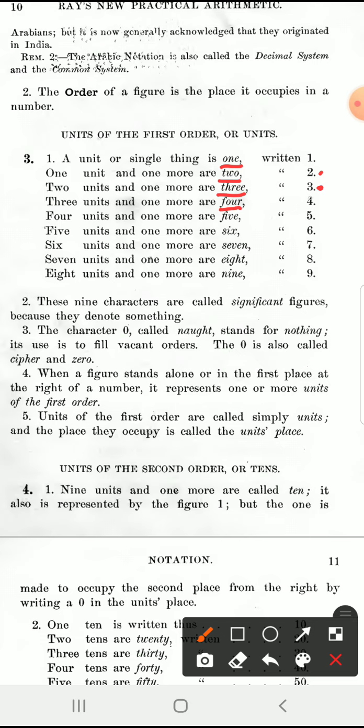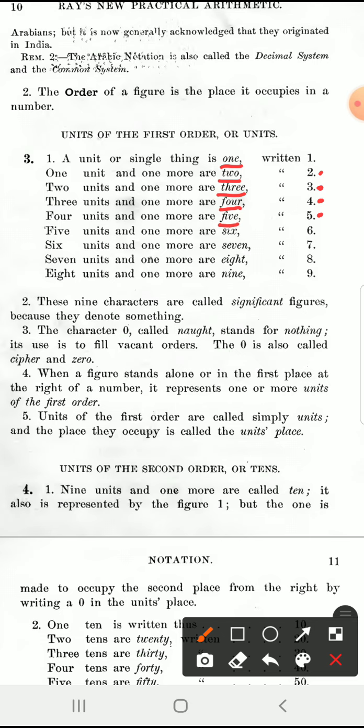And this quantity is expressed in characters with the figure 4 in the Arabic system of notation. 4 units and 1 more make a total of 5. The name given to that quantity, 4 and 1 more, is 5, spelled F-I-V-E. And it's expressed with the figure 5 in the Arabic system.